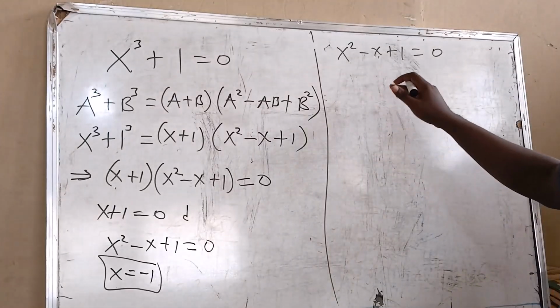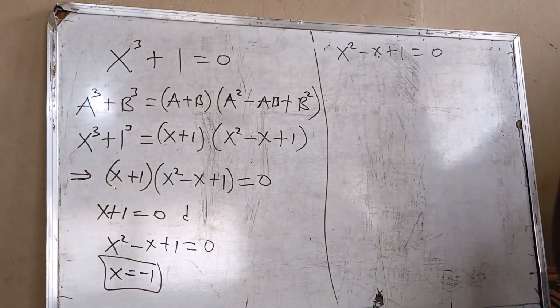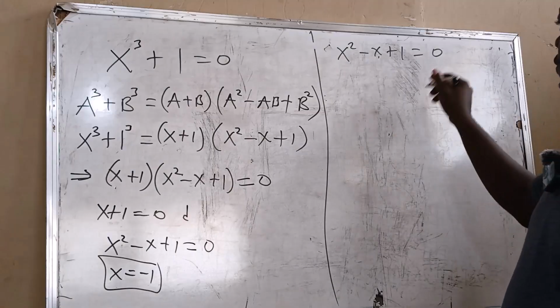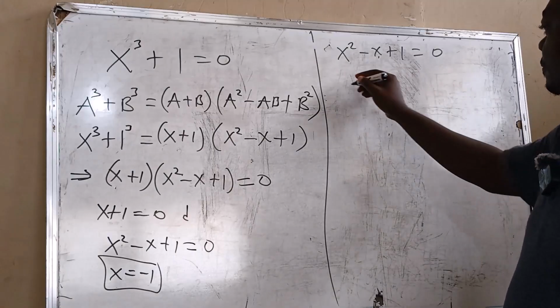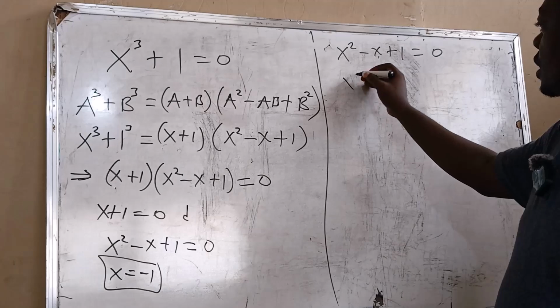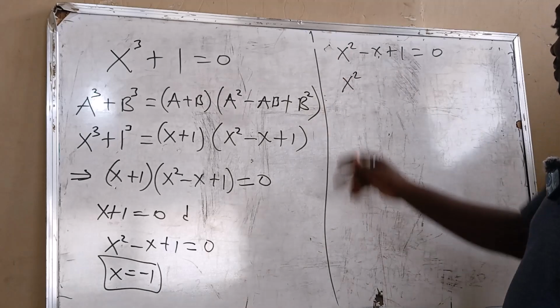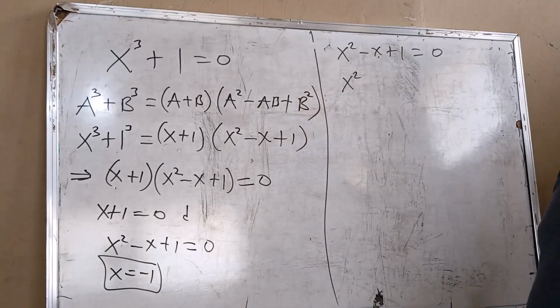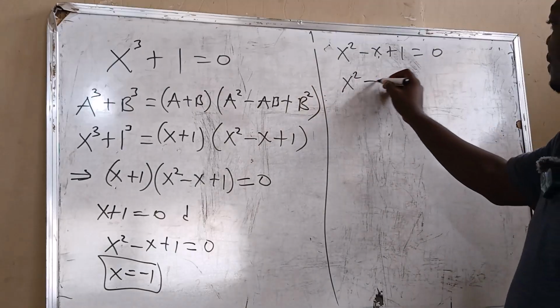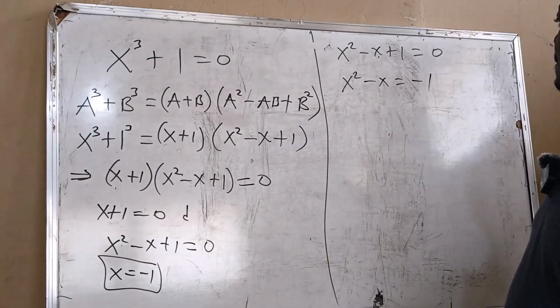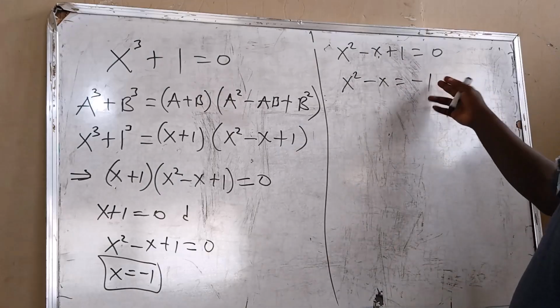I want to go by the completing of squares method. Okay, so let's complete the square of this one. So we are to make sure the coefficient of x squared is 1, and it's 1 already, so we won't waste time here. So x squared minus x equals -1. We've sent the constant to the other side.